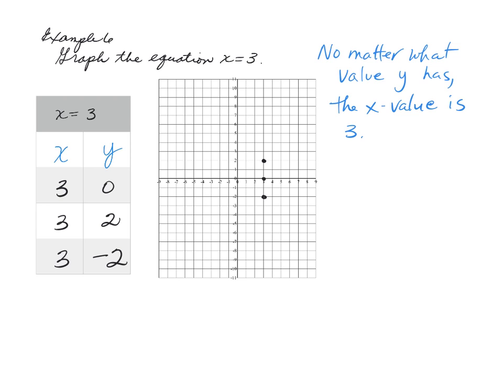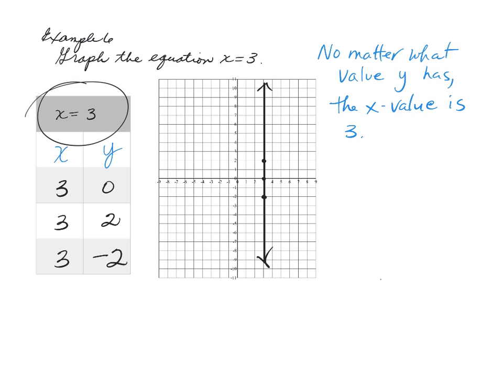Now look at this line. This you can see is going to be a vertical line. And it's a vertical line that goes through the point where x equals 3.